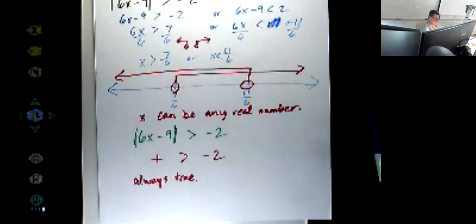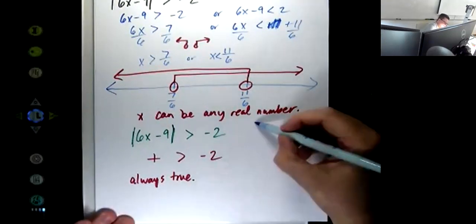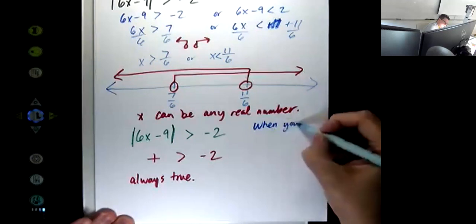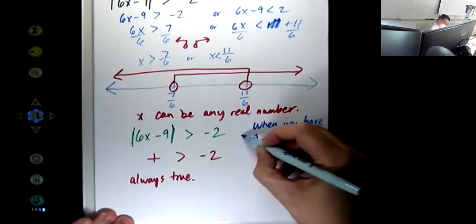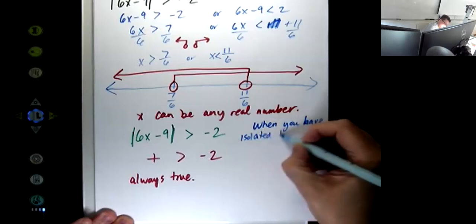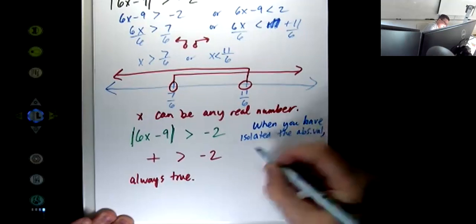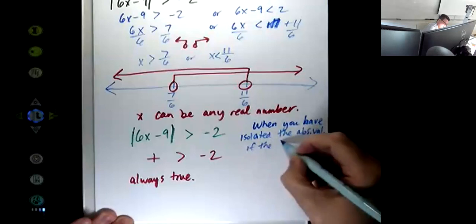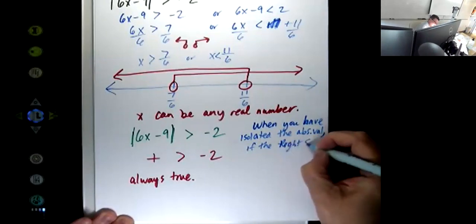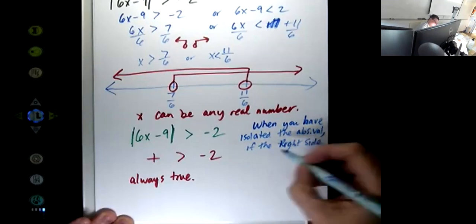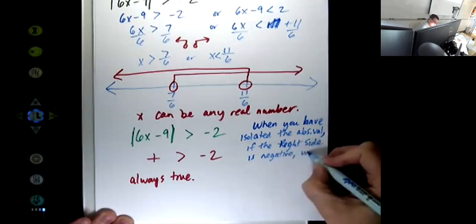So what Josue was alluding to earlier is when you've isolated the absolute value, if the right side is negative, I guess I should say other side, we have special cases.